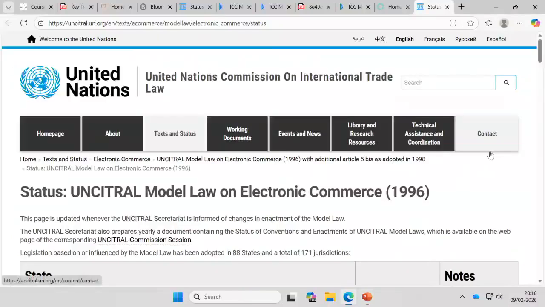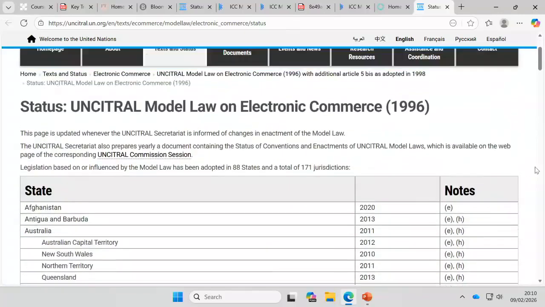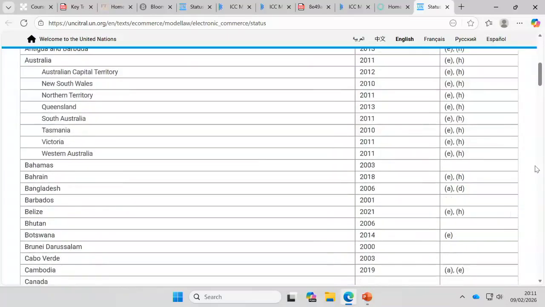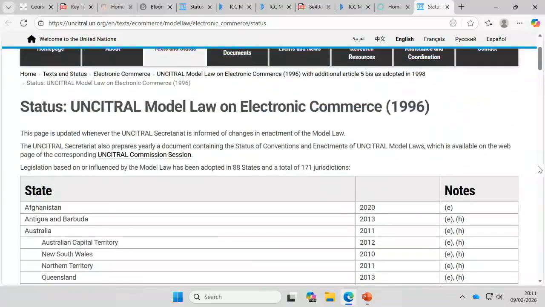So, if we look at model law on electronic commerce, first is 1996. So technological change since 1996 has been pretty substantial, and that's kind of drawing us into some of these other efforts. Now, if we look in terms of implementers, remember this is not a convention, this is a model law which has to be implemented into domestic legislation.